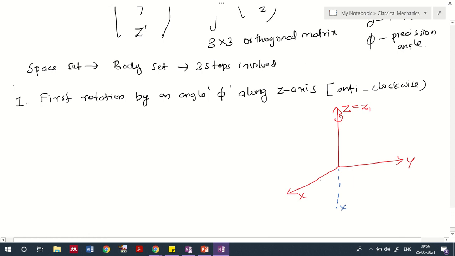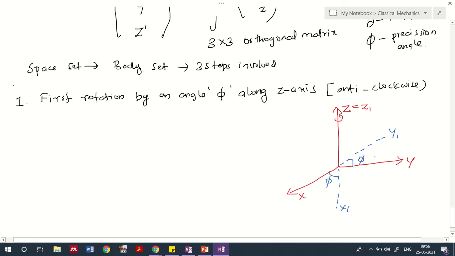When we rotate z equal to z1 over an angle phi, similarly you can see a change corresponding to y dash as y1, with an angle phi with respect to y.